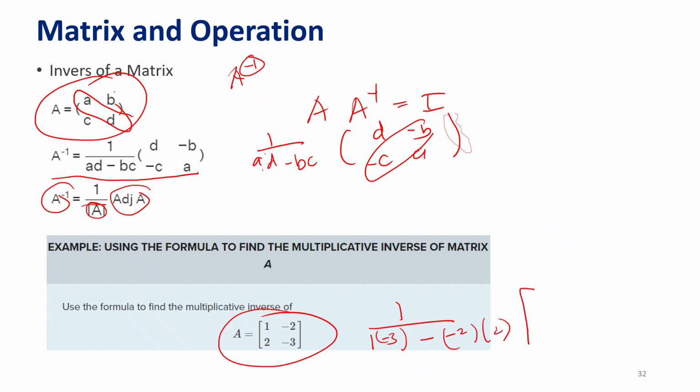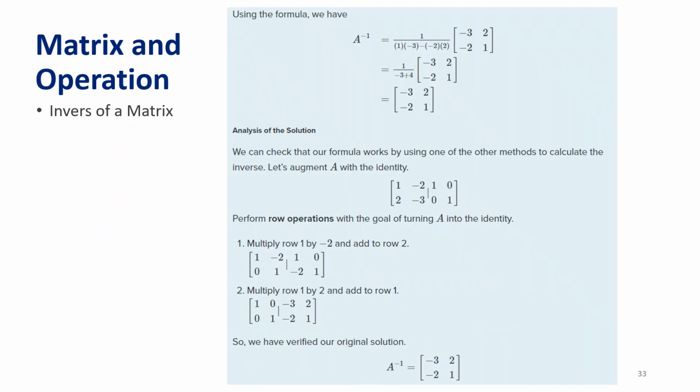Okay, and then multiplied by the matrix where we swap A and D, 3 -3 and 1, and then you change the sign of B and C, 2 and minus 2. Okay, so the calculation will look like this.